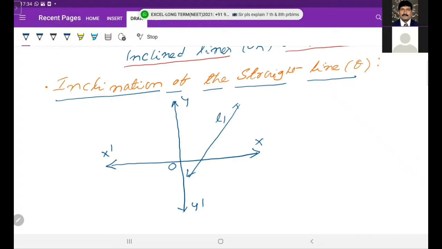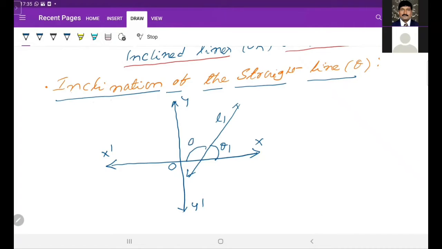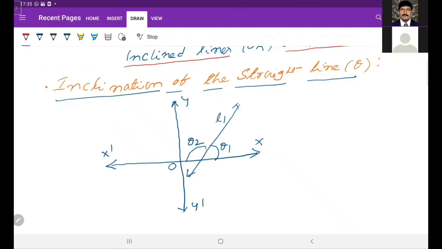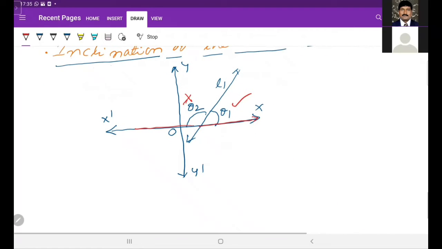So this line makes an angle with x-axis, theta 1. And in this direction also an angle, theta 2. Okay? So here this angle is positive side, so it is theta 1, correct. It is a negative side, so it is theta 2. It is not inclination. Okay. Theta 1 is inclination.